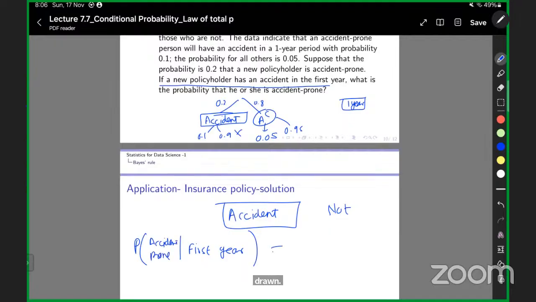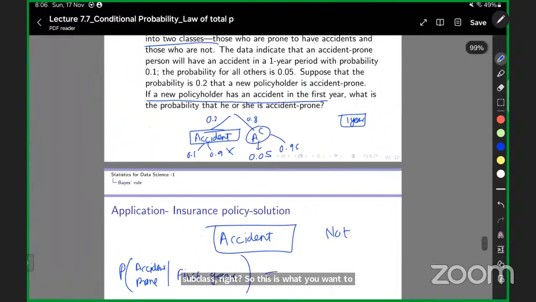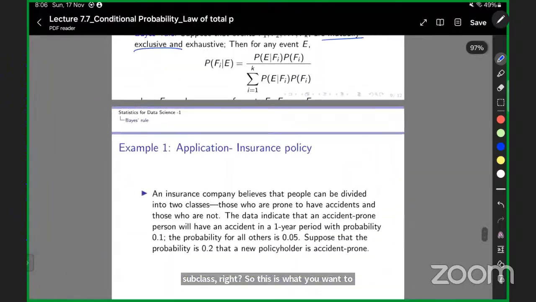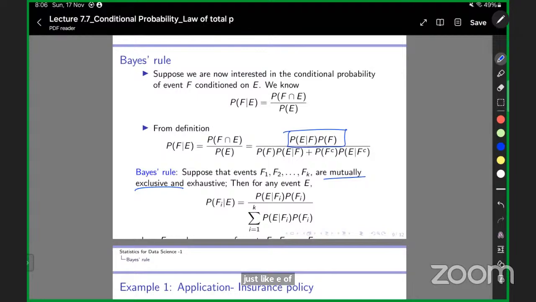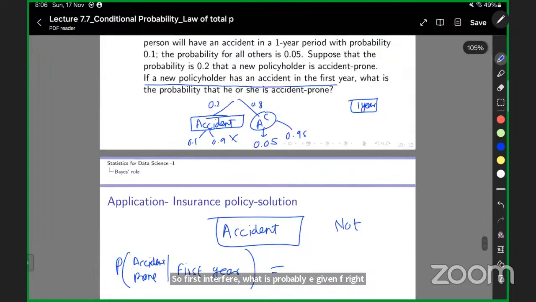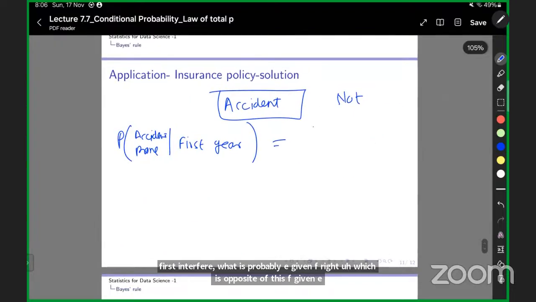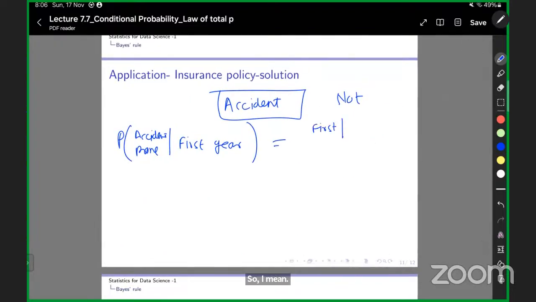So this is what I want to figure out. How will I do it? First I need to figure out the probability E given F, which is the opposite of F given E. What I need to find out is he is from the first year and he had an accident, that I need to figure out, correct? And then I have to multiply it with the probability of accident.